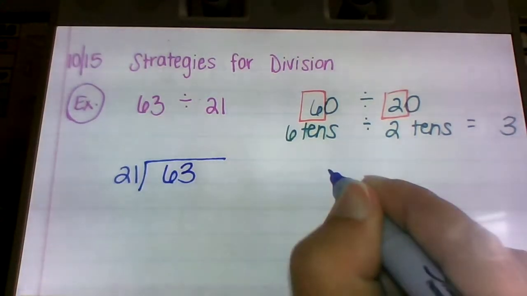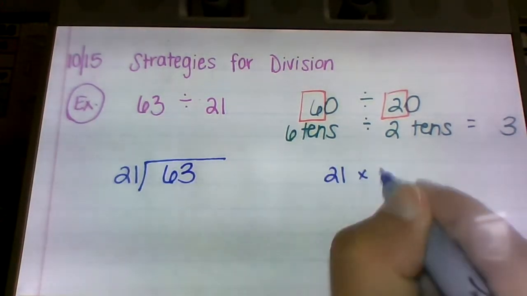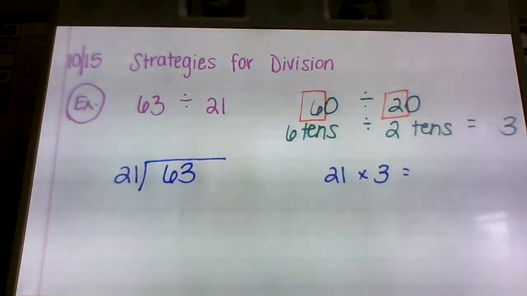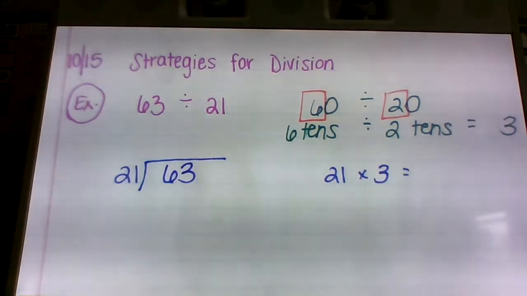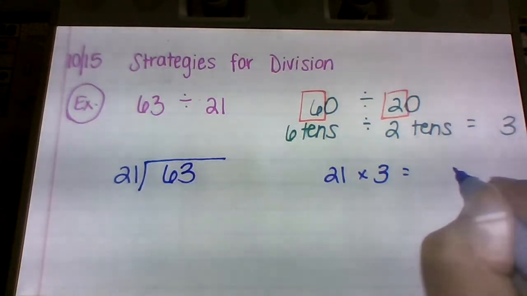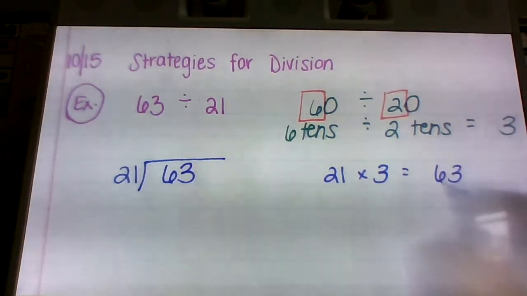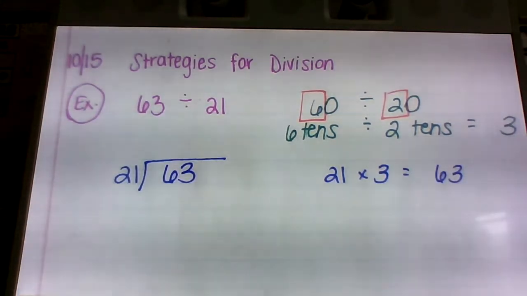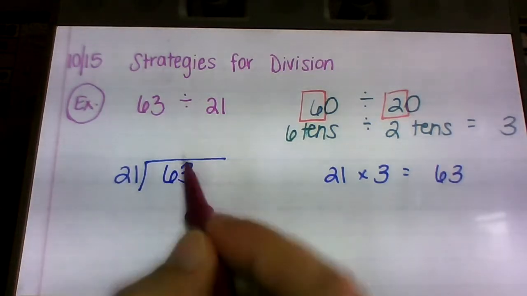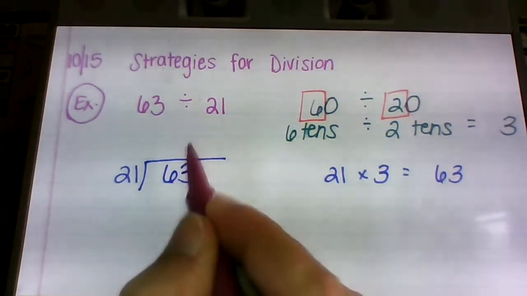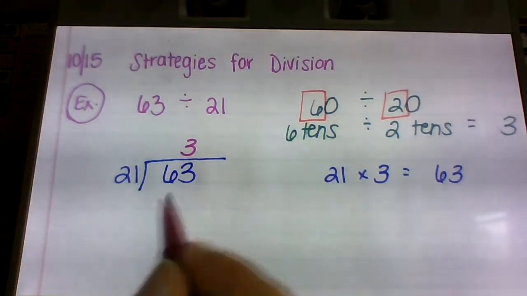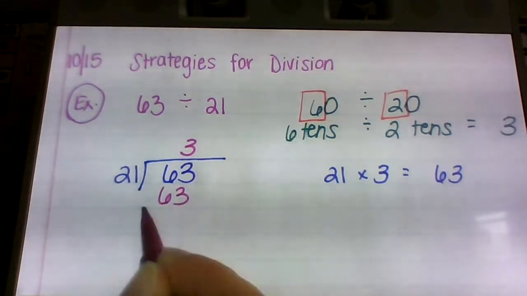I'm going to multiply my divisor times my estimated quotient. 21 times 3 is 63. So parents, as you know, in long division, we have 3 groups of 21, which equals 63.